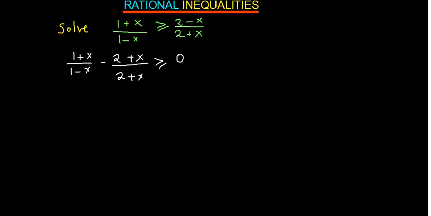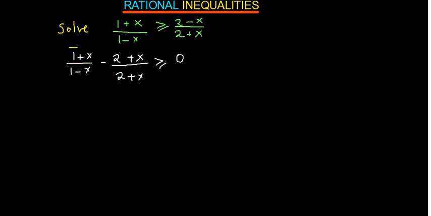From here, merge as a single fraction. So I'll multiply what is on top of the first fraction with what is down the second fraction. Okay, so how are we going to do that? Multiply what is on top of the first fraction with what is down the second fraction.